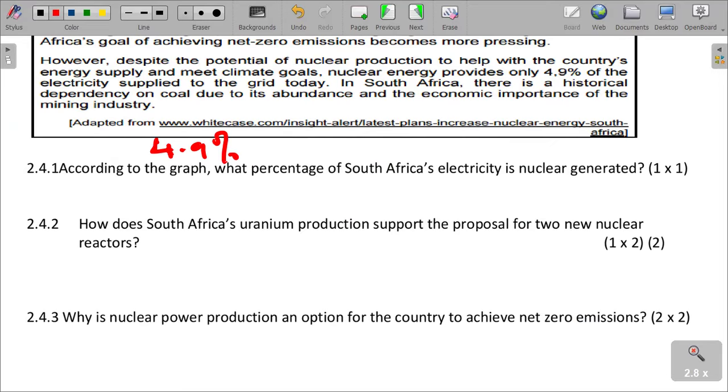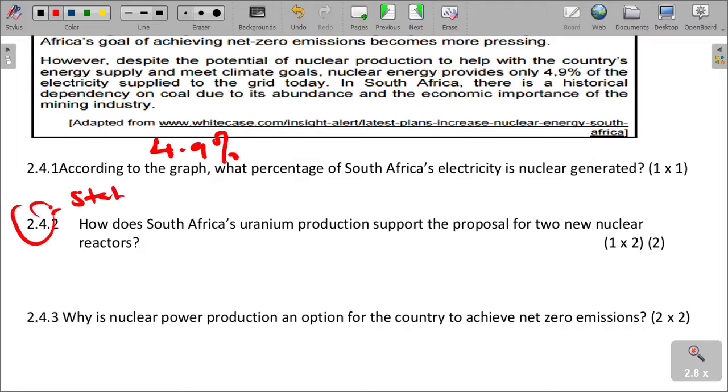How does South Africa's uranium production support the proposal for 2 nuclear reactors? How does it support that? We are saying, 1, by having a domestic source of uranium, South Africa ensures a stable supply for future projects.